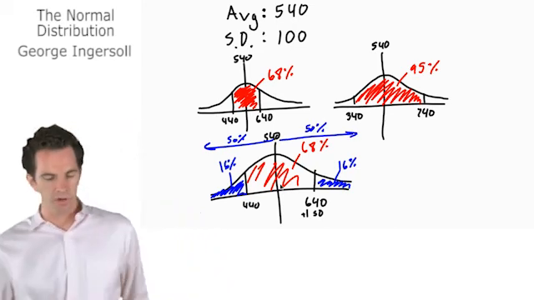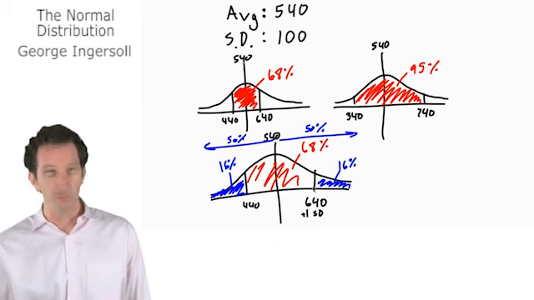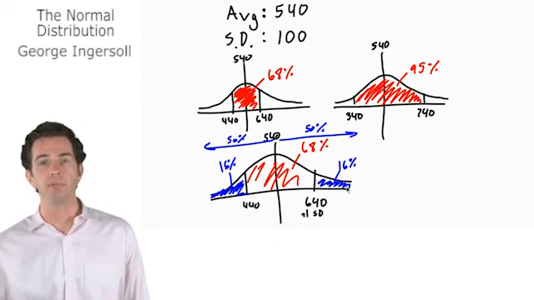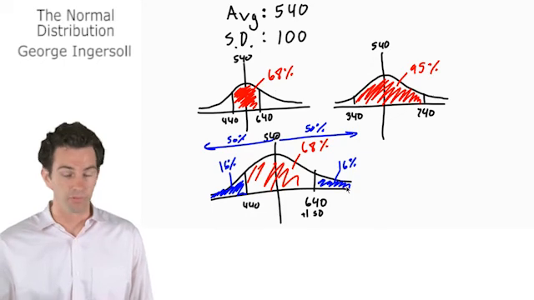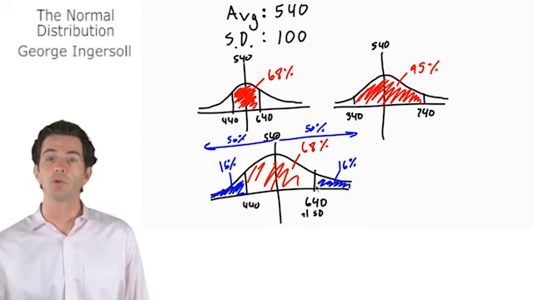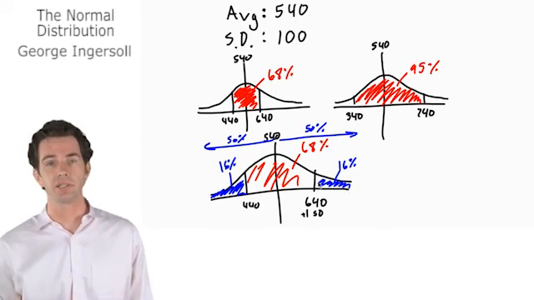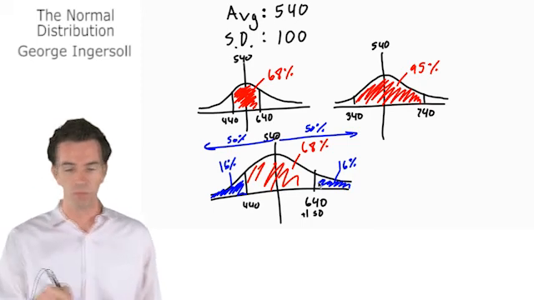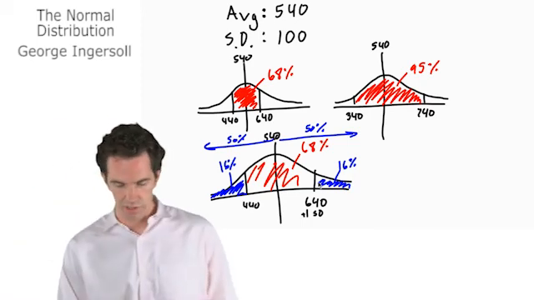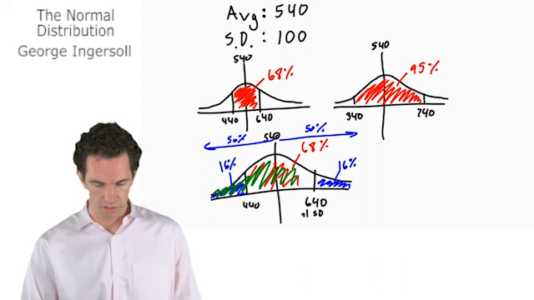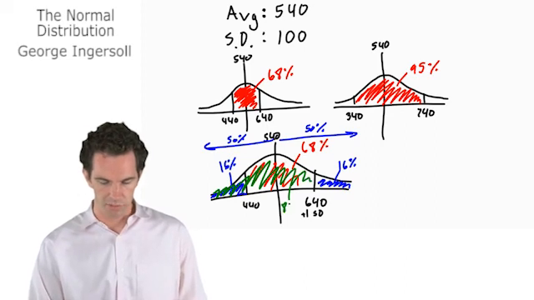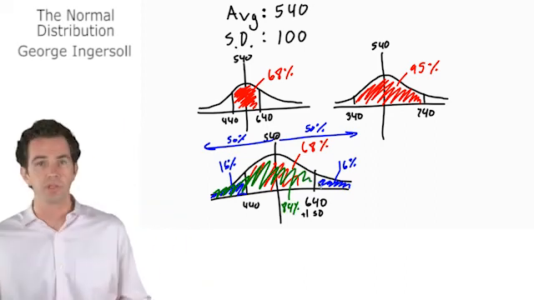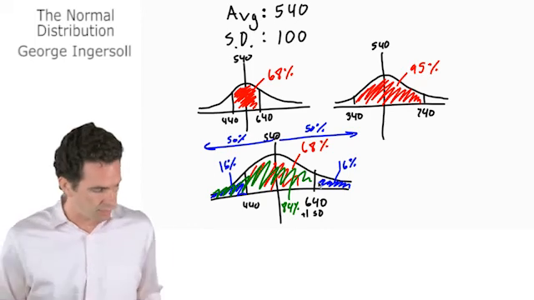So if you're over here at 640, you know that 16% of people did better than you. Therefore, 84% of people, that's 1 minus 16%, are going to have done worse. So all of this is going to be equal to 84%. In other words, you scored in the 84th percentile.